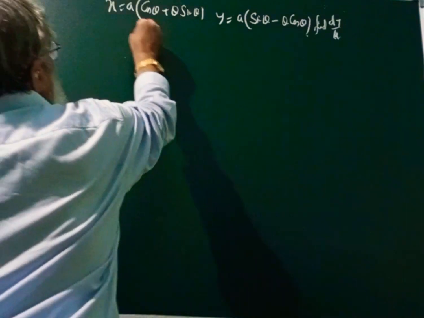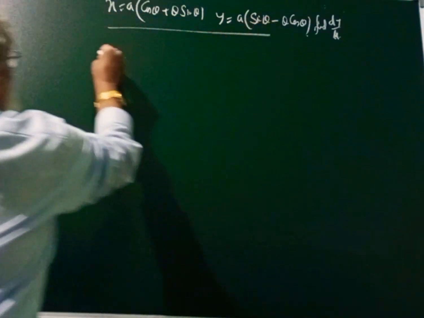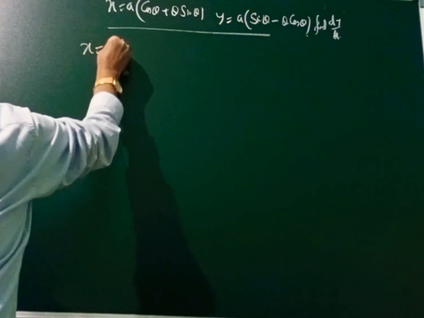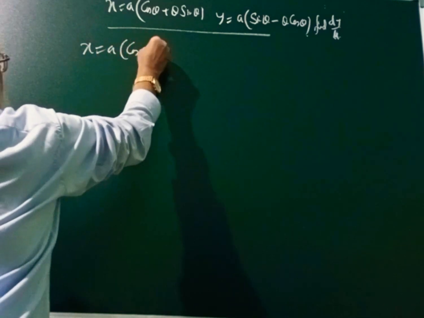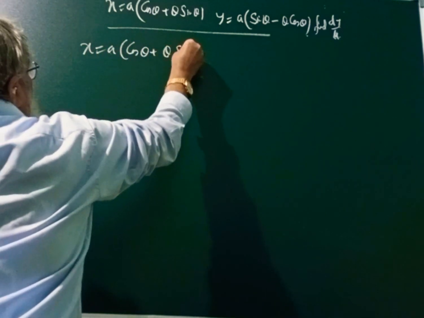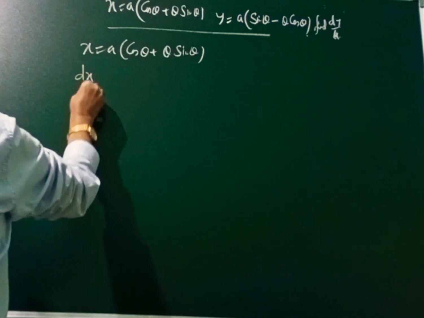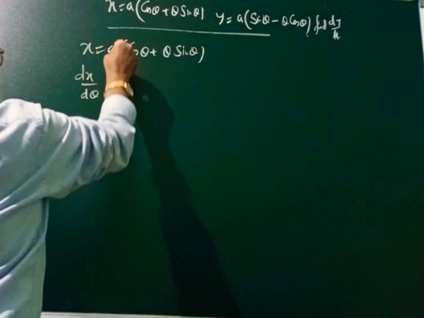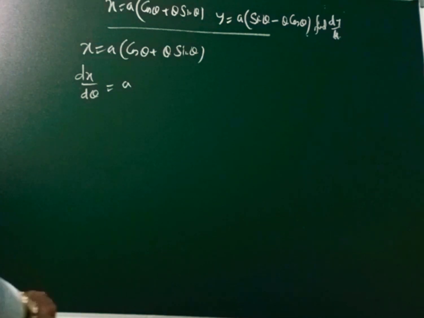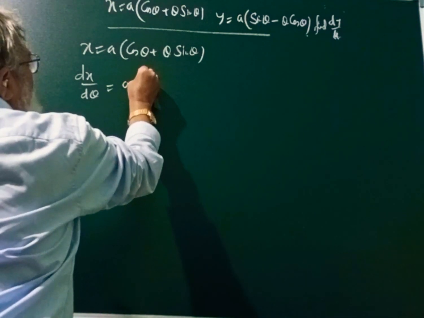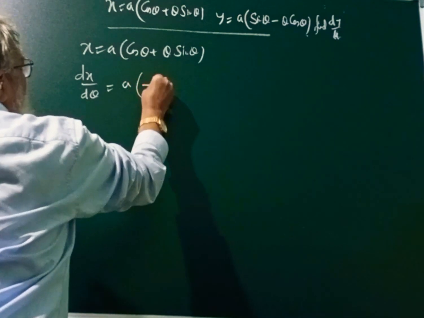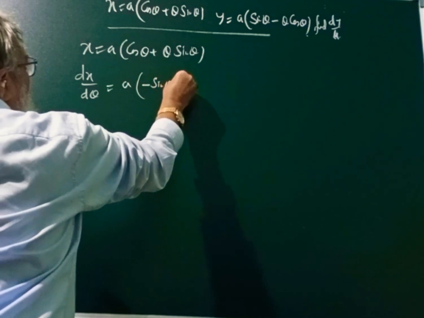Now look here, the parametric function we have. First let us consider x. x is equal to a cos theta plus theta sin theta. Now we differentiate with respect to theta. A is constant, it stays as it is. Differentiation of cos theta is minus sin theta, plus.